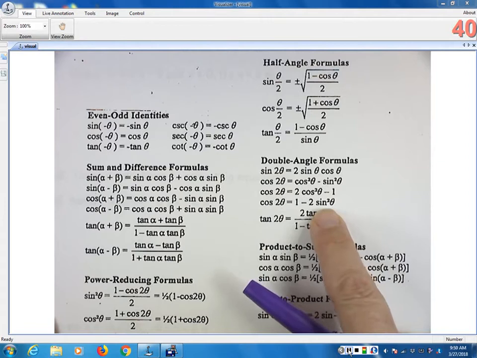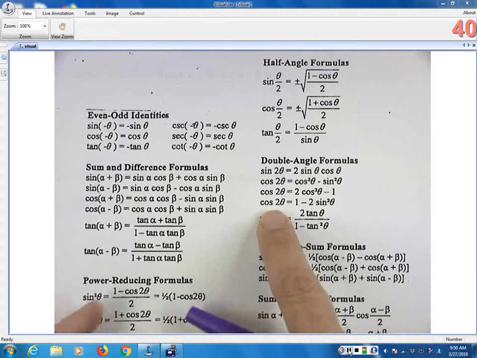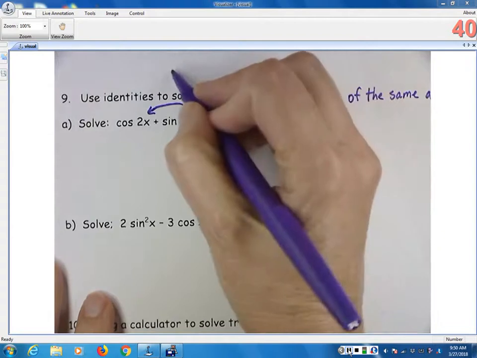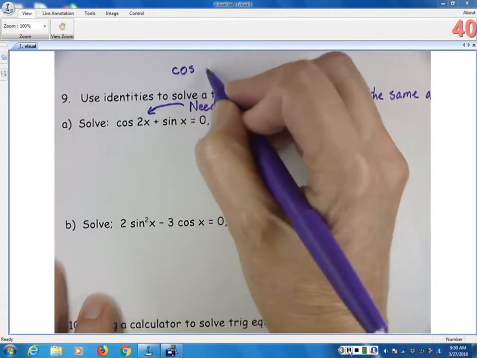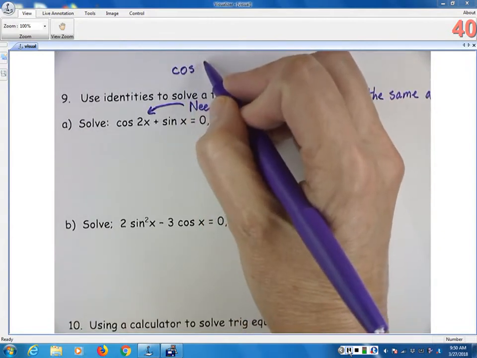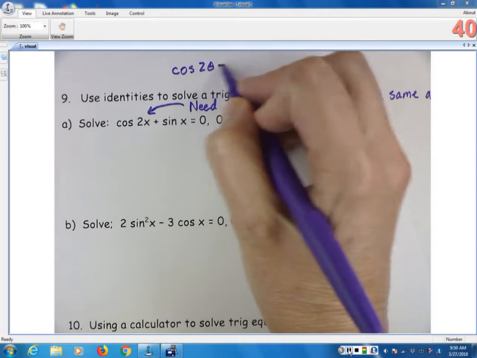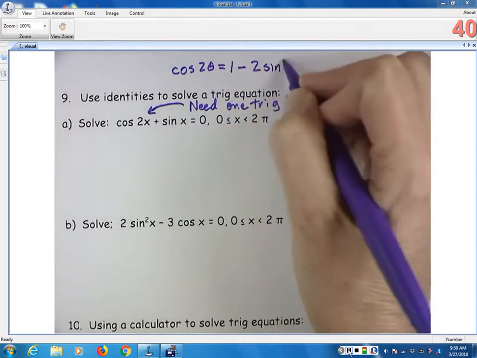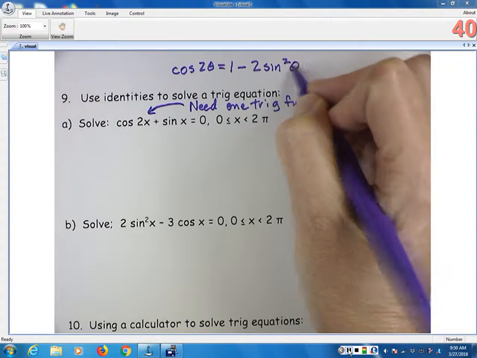That's the one we want to use. So we replace it. Cosine 2 theta equals 1 minus 2 sine squared theta. I have a quick question about that.